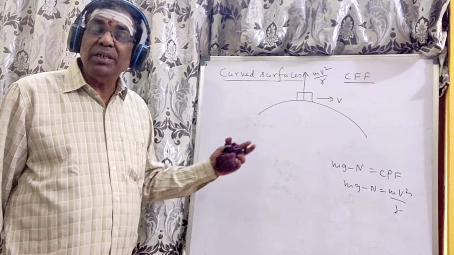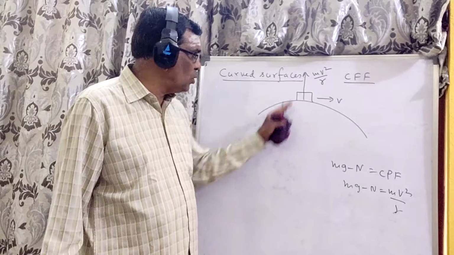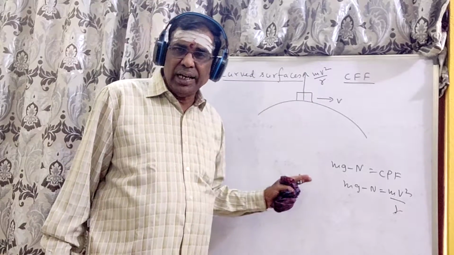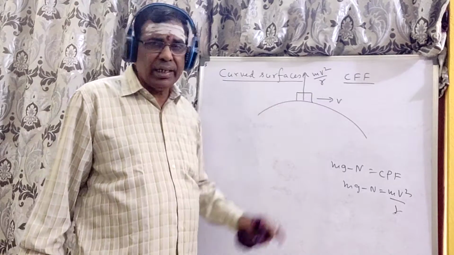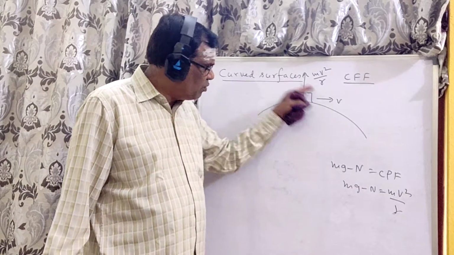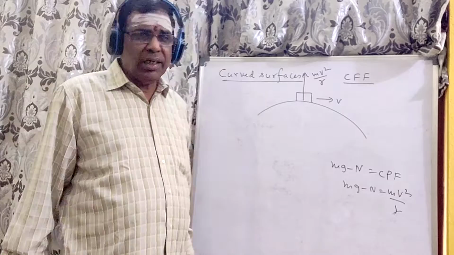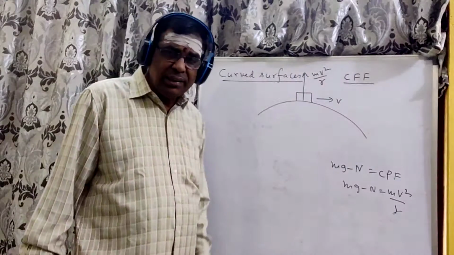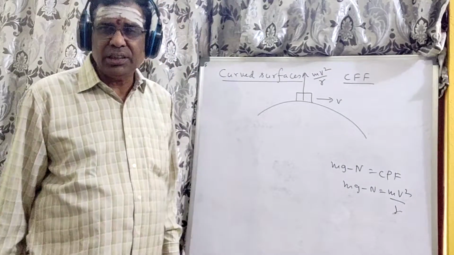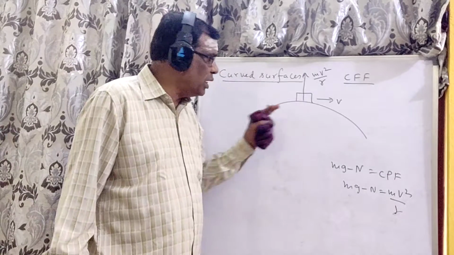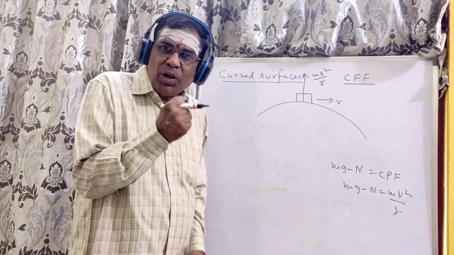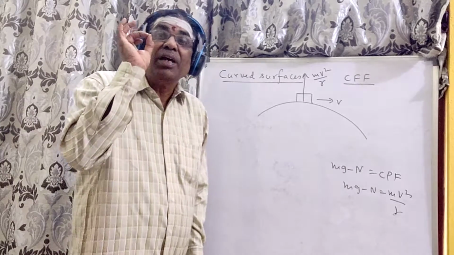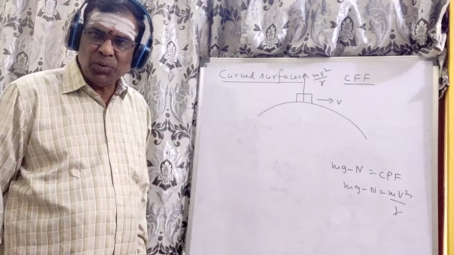So, it is m into a with a minus, so opposite to this x. There is an acceleration in this direction. But now you are taking the frame of reference of the body. Therefore, I can imagine a fictitious force mv square by r. And then if I do that, what I will get is a relative acceleration only.